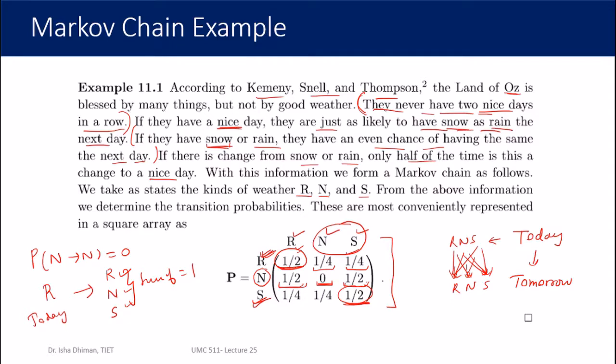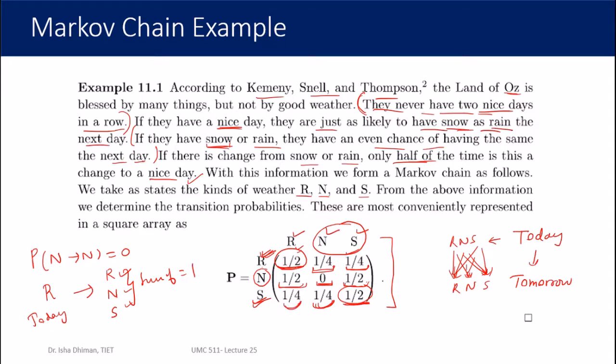And since half of the time it is changing to a nice day, half of 1 by 2 is going to be 1 by 4. So the other one is also 1 by 4, right? I'm just reading the words and interpreting the information in the form of this matrix. Similarly, from snow to rain or snow to nice, half of the time it's a change, so it's 1 by 4 and the remaining 1 by 4 is written here.